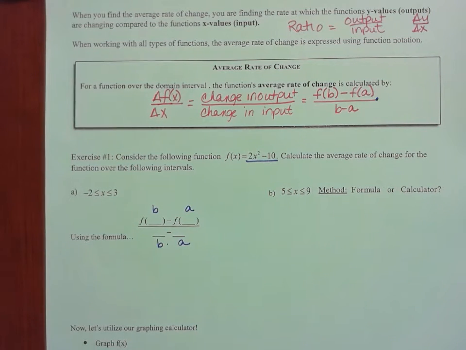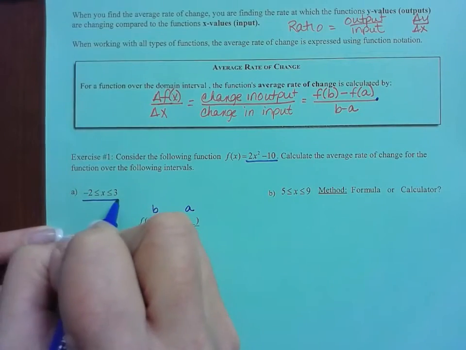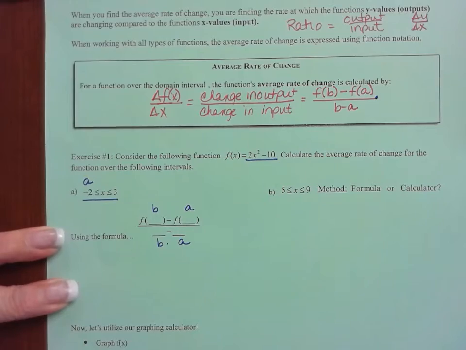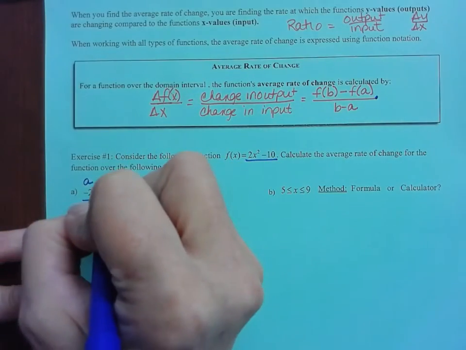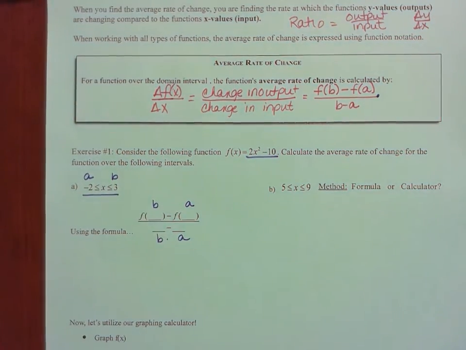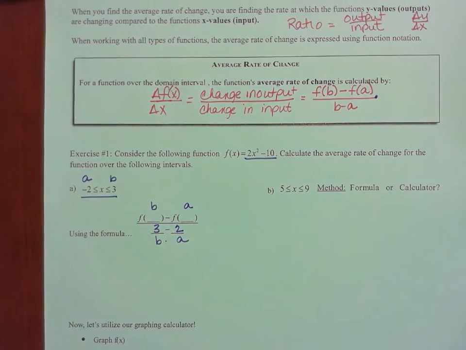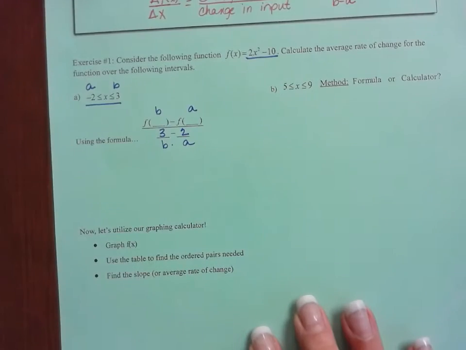What the heck is our b and a? Well, we're looking at it over this interval, so my a is going to be -2, and my b is going to be 3. So there's the bottom half of the formula. Everybody with me so far?